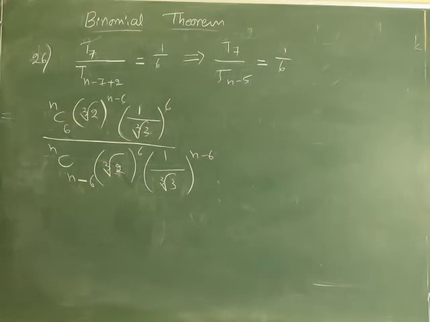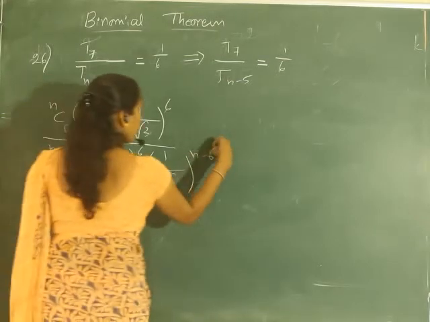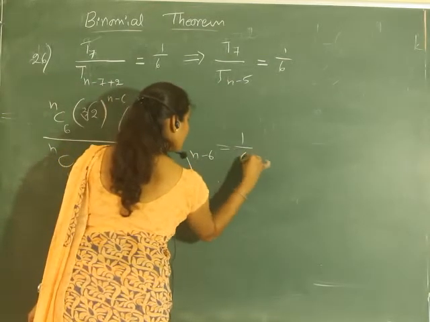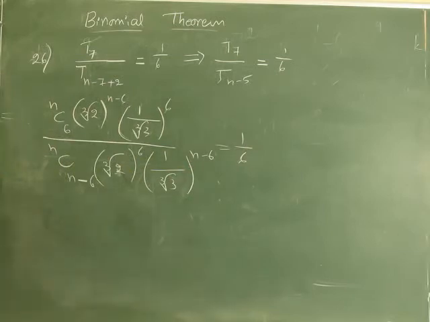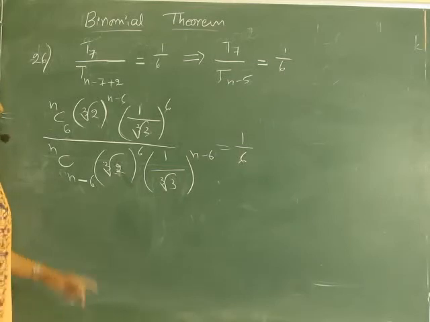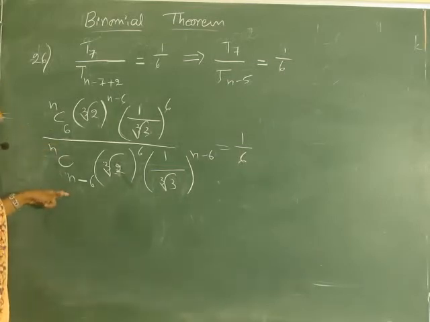This is equal to 1 by 6. Here we can see nC6 is equal to nC(n minus 6), because nCr is equal to nC(n minus r). So these terms can be cancelled.